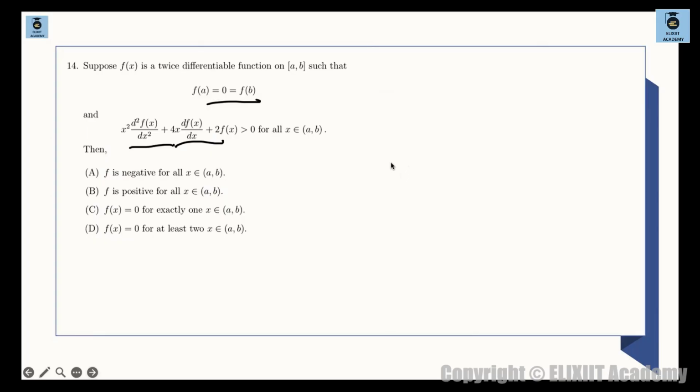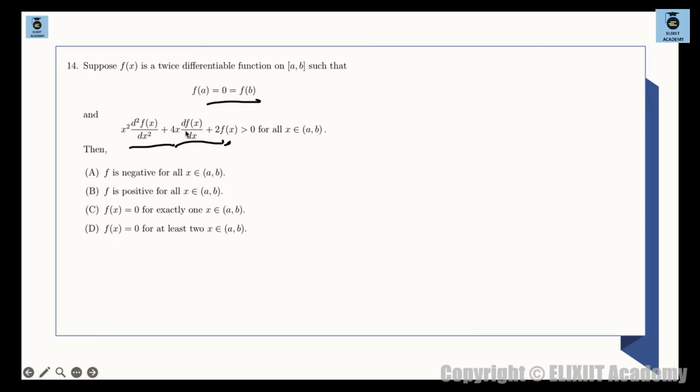So I'll try to bring this into some differentiation format, meaning this expression will be the differentiation of some specific functions. Let us see whether we can do this. Here we have x² d²f/dx² + 4x df/dx + 2f > 0.